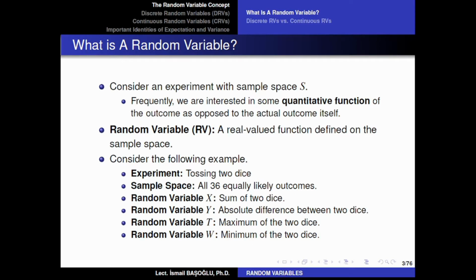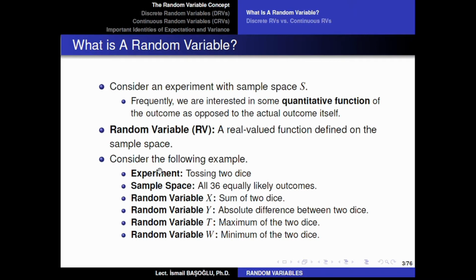We just label them with a quantitative value. Actually, because of that reason, we define the random variable as a real valued function on the sample space. So that function converts the outcomes into real numbers. And in that sense, my friends, as I can define different functions on the outcomes, I can define different random variables on the same sample space.